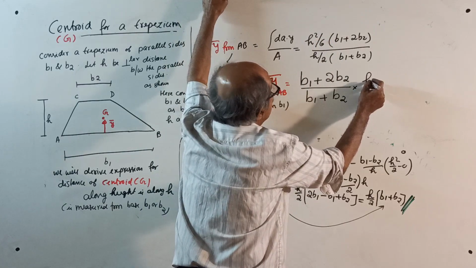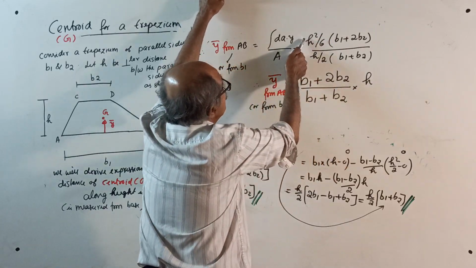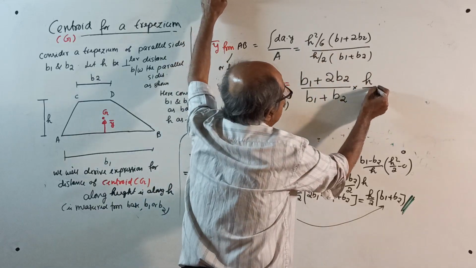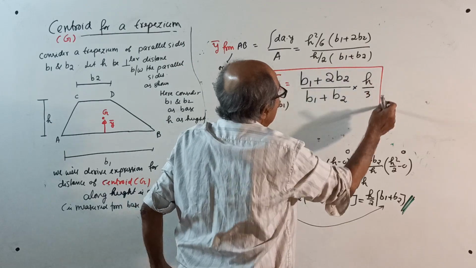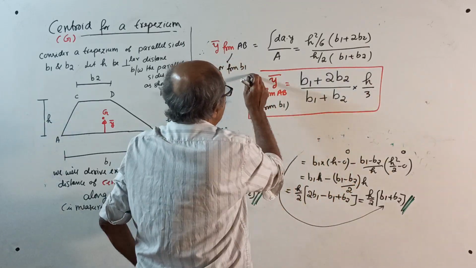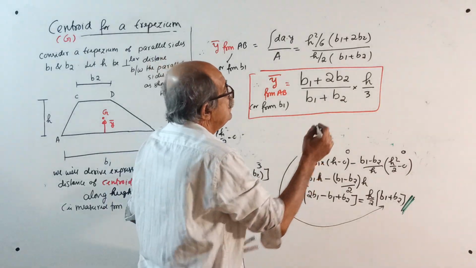The 2 goes to the numerator, and 2 by 6 is 1 by 3. This is the expression for y bar for a trapezium from the parallel side B1.